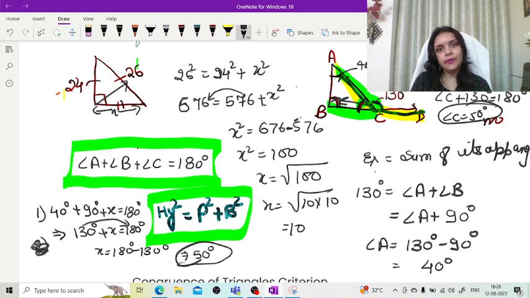So don't confuse similarity and congruency, because similarity is a different thing and congruency is a different thing. Congruency, we can say, is a part of similarity, right? But we can prove the congruency with certain rules, and these rules and theorems we will discuss, and I will tell you how to derive it, correct? And we will solve all the questions.